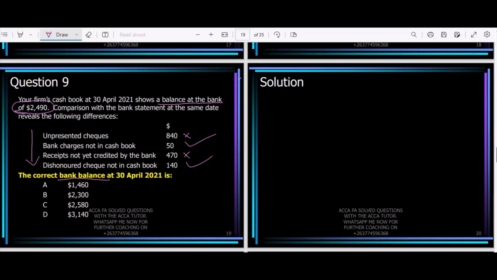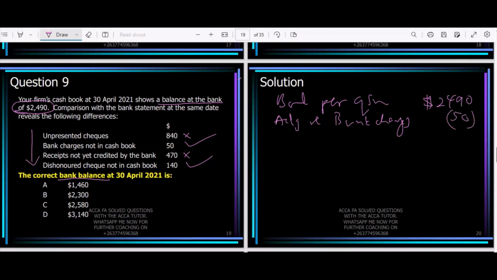So we start with the balance per question as given in the question, which is 2,490. Then adjustment, bank charges. The bank charges, these ones were not put in the cash book, so we just have to adjust the figure.